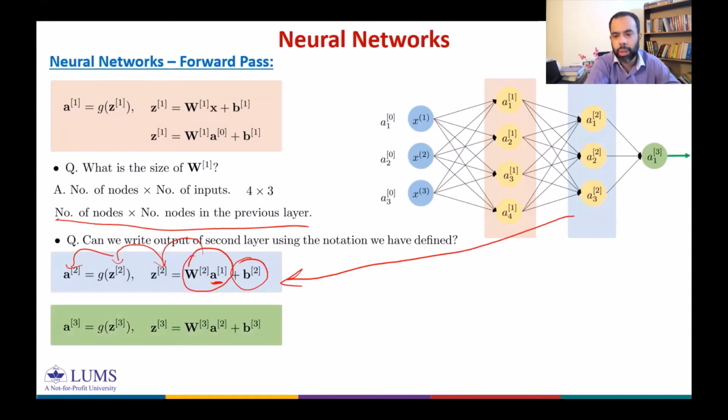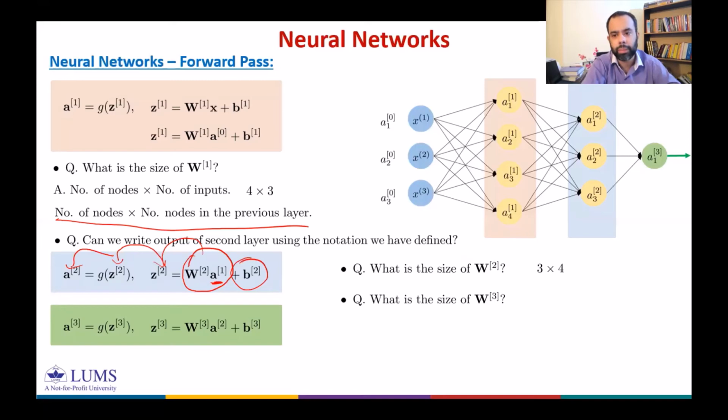I assume you are now trained. What's the size of W2? Number of nodes times number of nodes in the previous layer. It should be 3 times 4. What is the size of W3? 1 times 3.